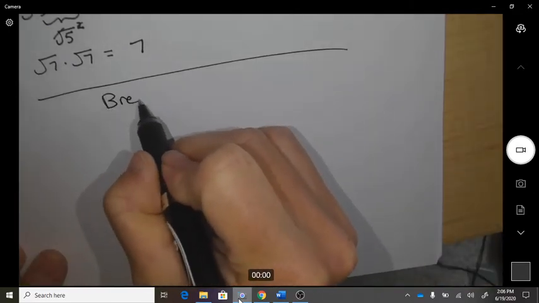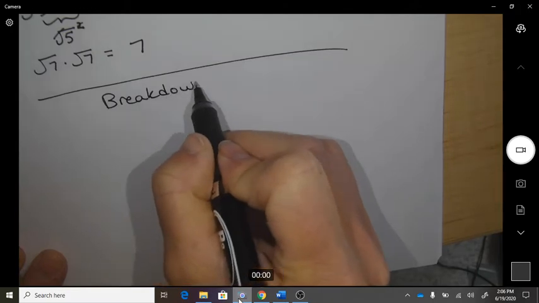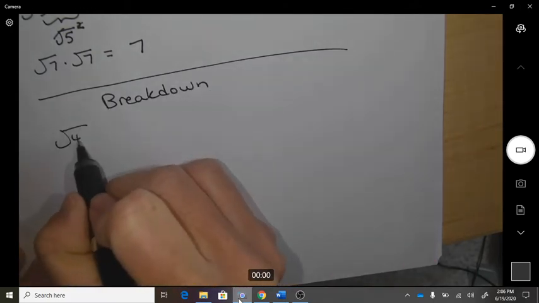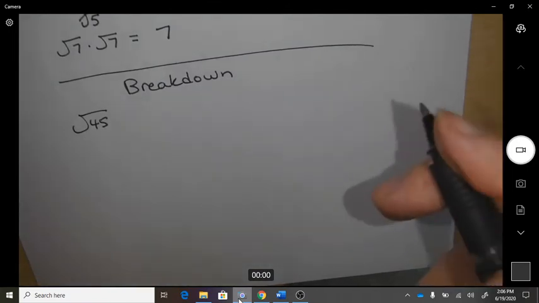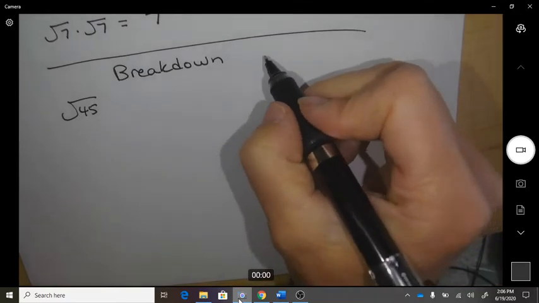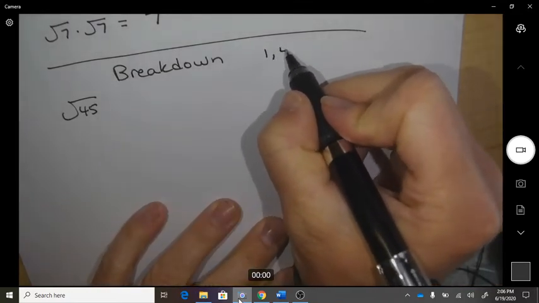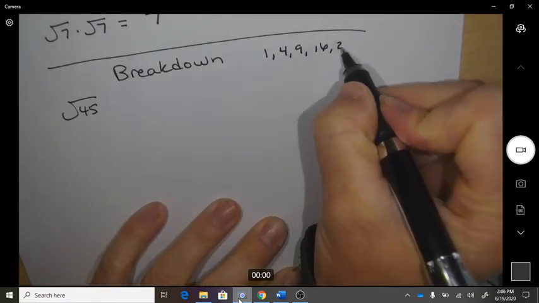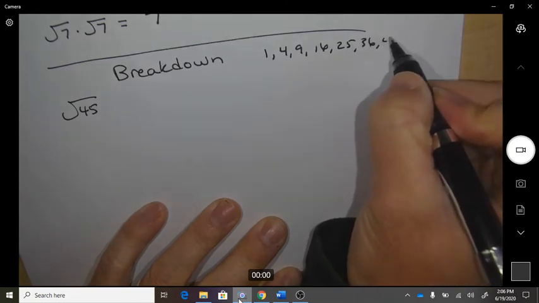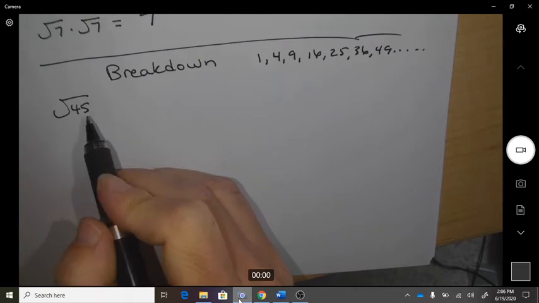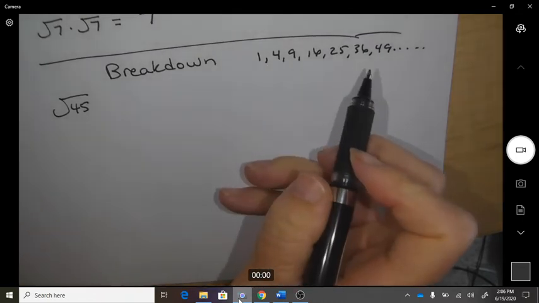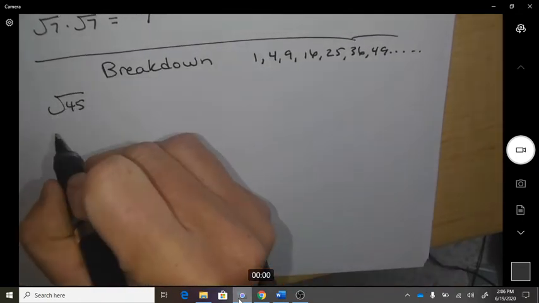Okay, so let's break down roots. So root 45, think about multiples of 45, and we're trying to get perfect squares. So you remember your perfect squares: 1, 4, 9, 16, 25, 36, 49, etc. So does 45 divide by any of those numbers? 9.